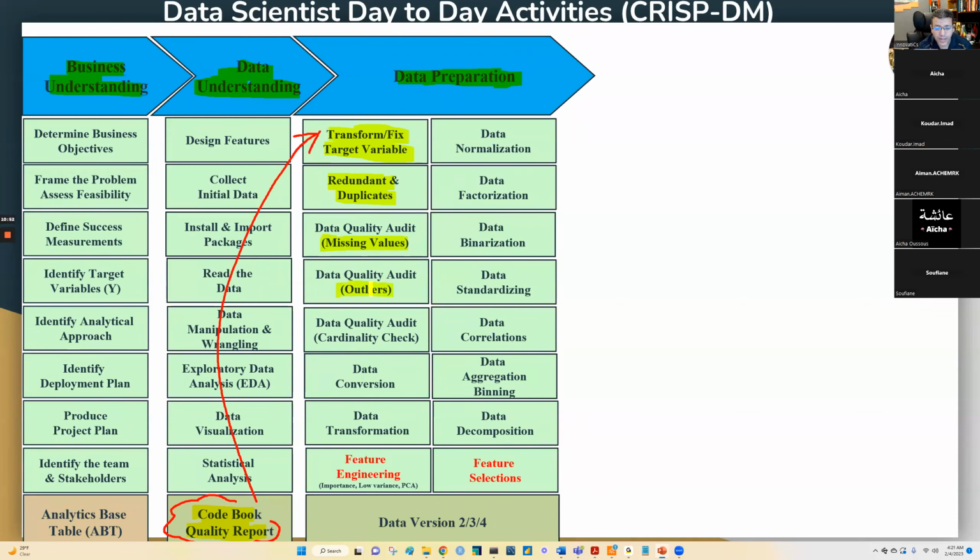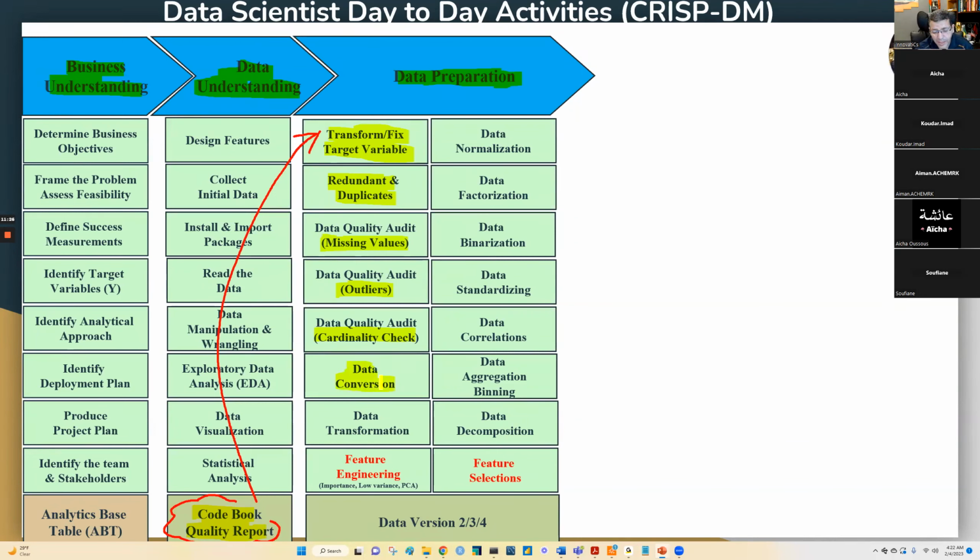Then we need to find the outliers, if any, and deal with them as well. I'm not saying again delete, I'm saying deal. So delete is one of the options out of this deal. Then if you have high cardinality data, you might need to reduce that cardinality before you determine the transformation.